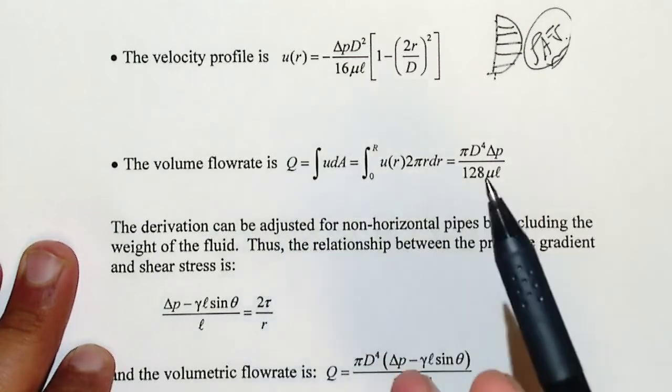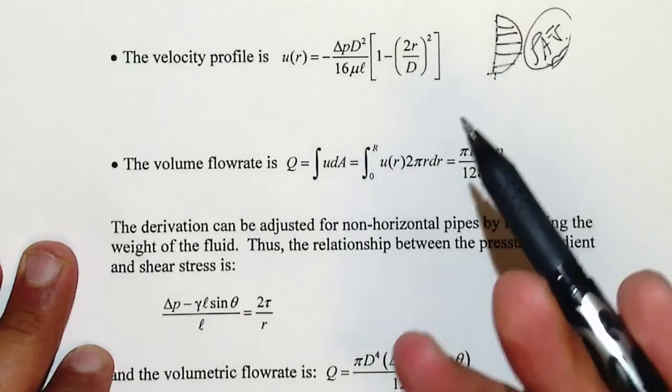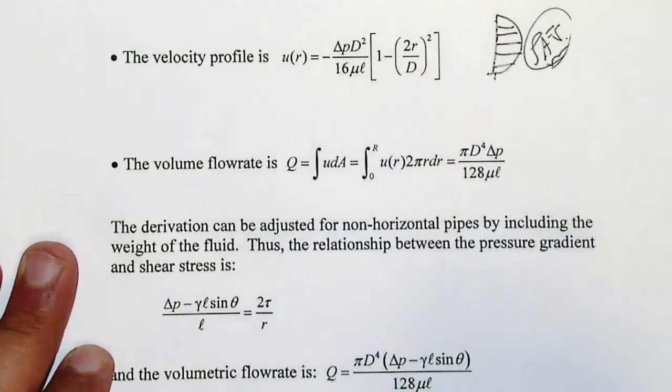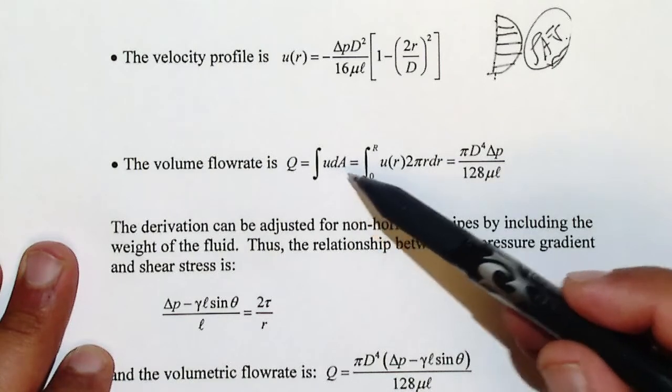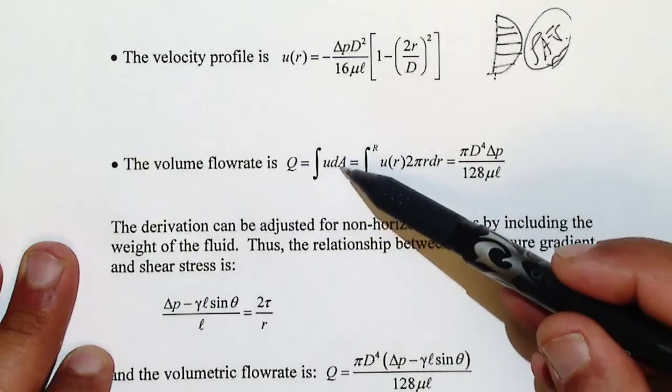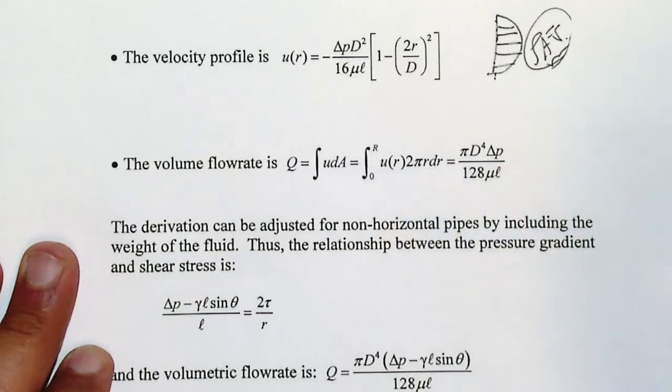That is, how much volume of the liquid is going to pass in a given time. So u dA is the integrand, and you have to take the integral over dA, the differential area that you have.